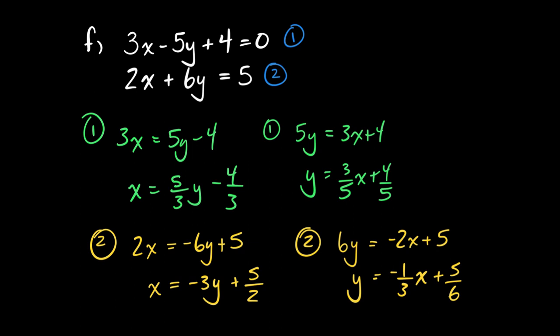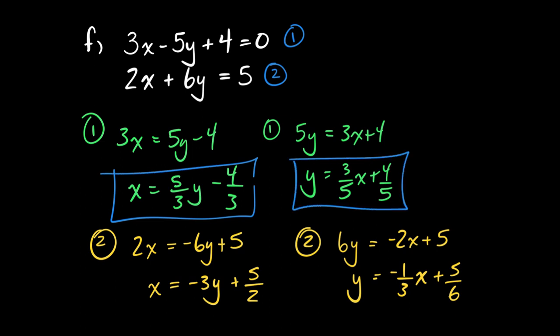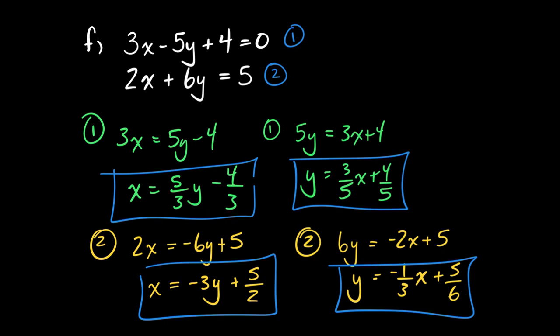So I want you to take a look at all 4 versions of me isolating for either individual variable in either equation. And you'll notice one of them is maybe a little bit easier to work with. Take a look at what happens if I isolated in equation 2 for x. You'll notice I don't have 2 fractions, and that might be easier to work with.